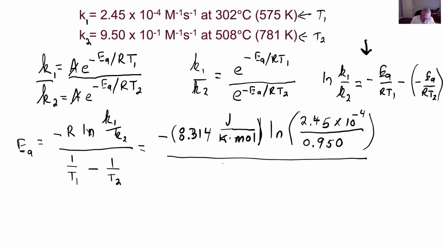Then down here, I've got 1 over T1. T1 is the 575. Minus 1 over T2, which is 781. Again, I have to be in Kelvin here.